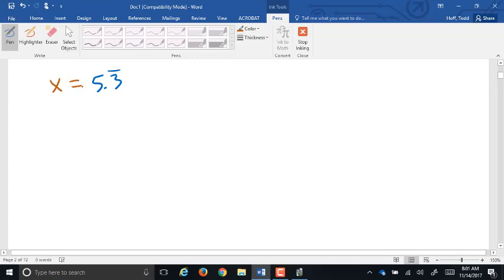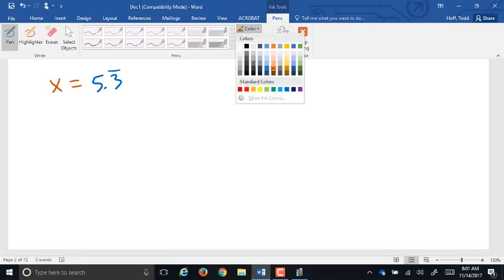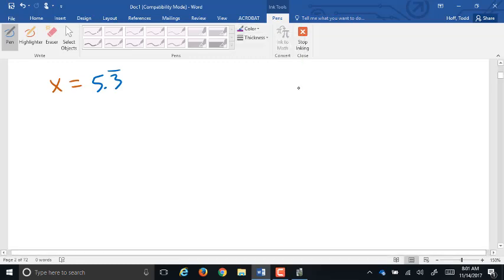We're going to let x equal 5.3 repeating. How many digits repeat there? All the 3s, yes. That's 1 digit that repeats over and over, right?